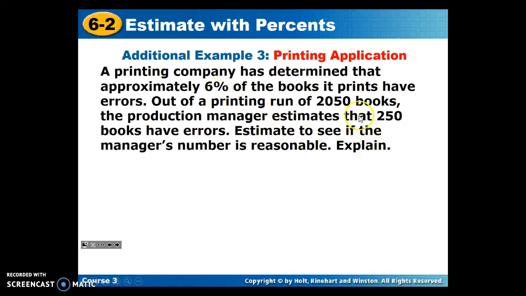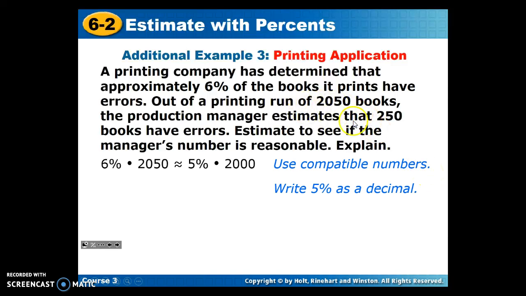If we go back one place on 2,050, 10% is 205. The manager estimates 250 books have errors, thinking this is 6%, but this number is over 205, and the percent is actually less than 10%. So this does not make sense.